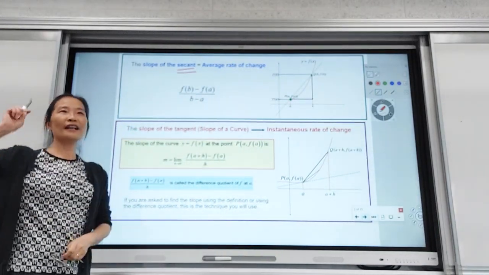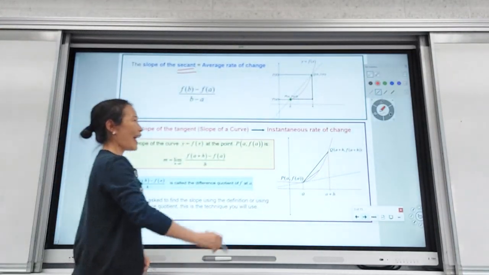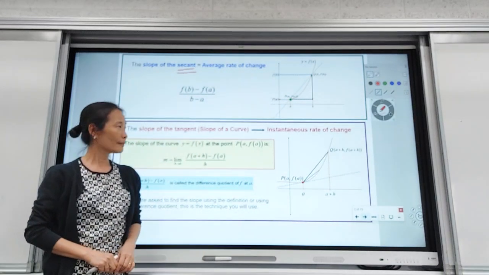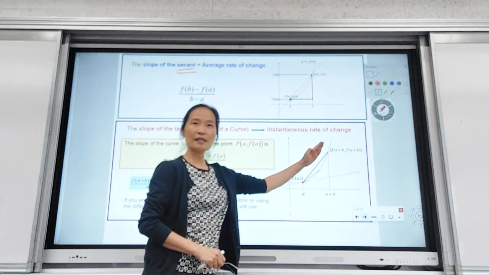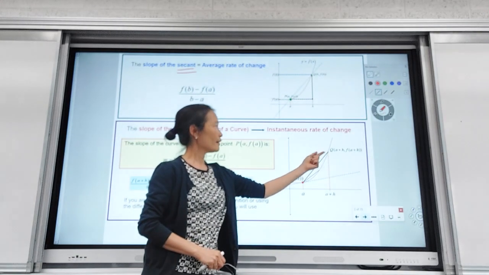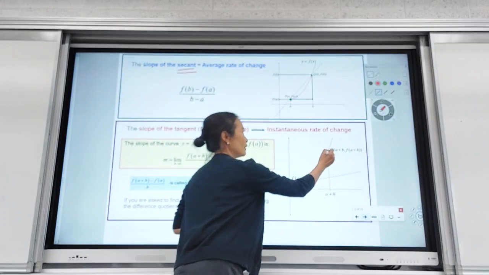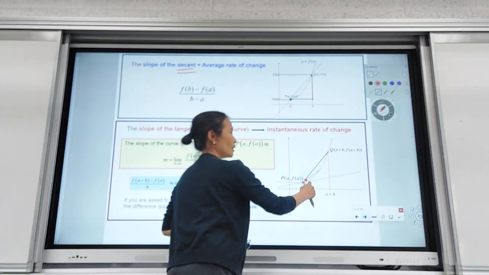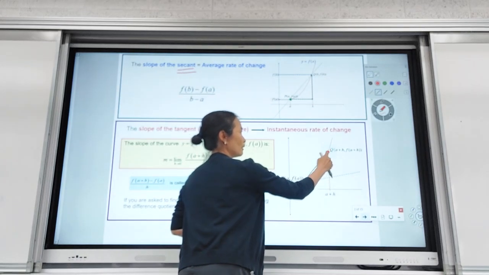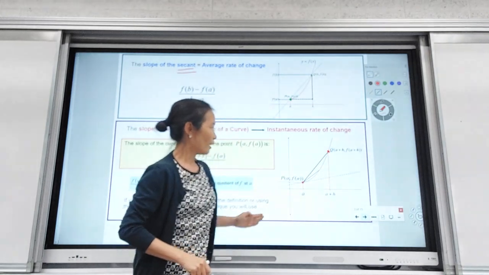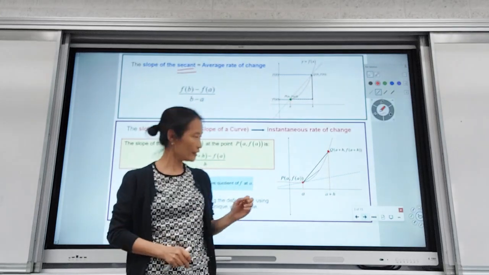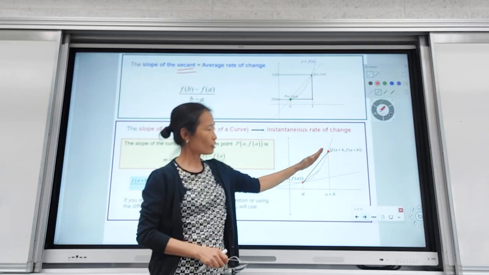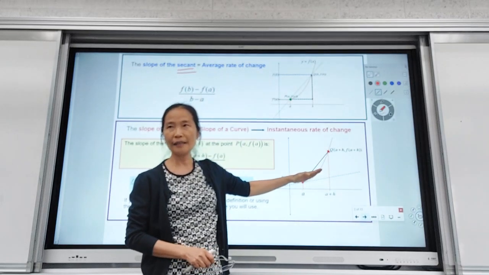If I want to find the rate of change at exactly this point, point A, I will have to estimate by bringing this nearby point closer. When I draw the line passing these 2 points, the secant line will eventually become the tangent line.